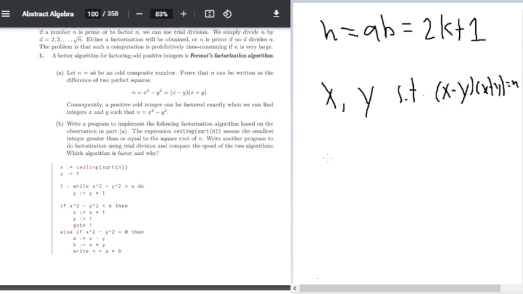Okay. Alright, so if n equals ab, and x minus y, so we have x minus y. Oh, we'll just write for now x squared minus y squared is equal to ab is equal to 2k plus 1.